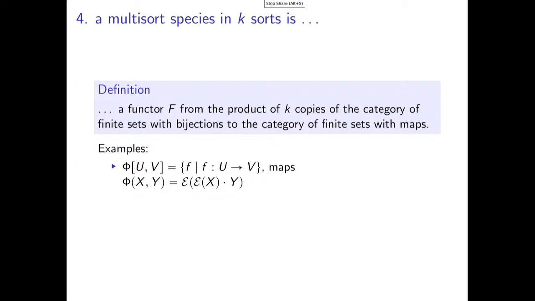One natural extension of species, and an important extension actually if we really want to do research, is so-called multi-sort species, or if you prefer, multivariate species. You don't have one set of labels, but you have several of them, like labels in X, labels in Y, labels in Z, and then you would like to compute with them, and the same operations work.